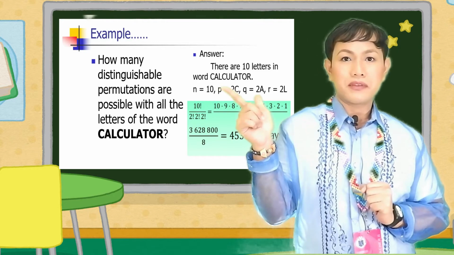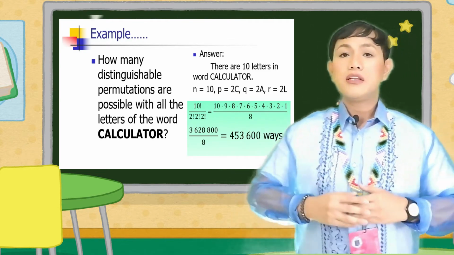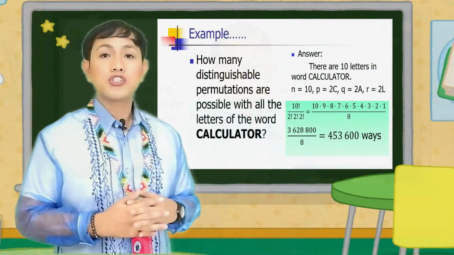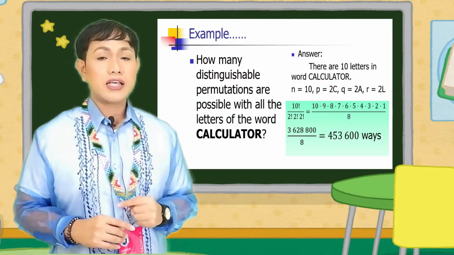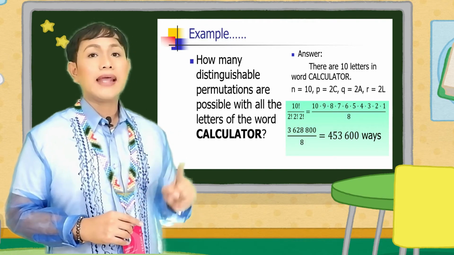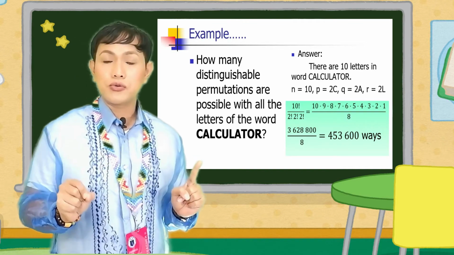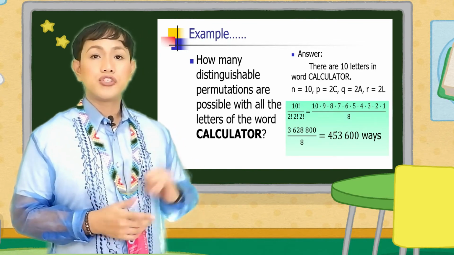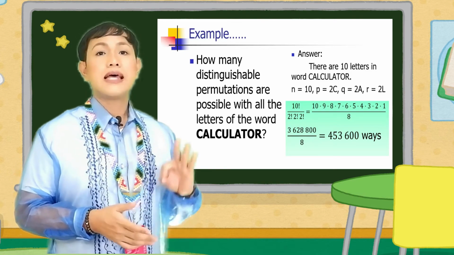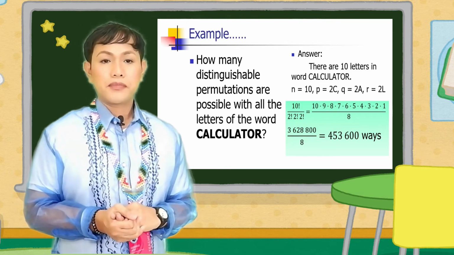You got it? Very good. What about the denominator? The denominator are all 2 factorials. And you know for a fact that 2 factorial is just 2 times 1, and 2 times 1 is equal to 2. So all you have to do is to multiply 2 three times. So 2 times 2 times 2, and you will get 8 for sure.